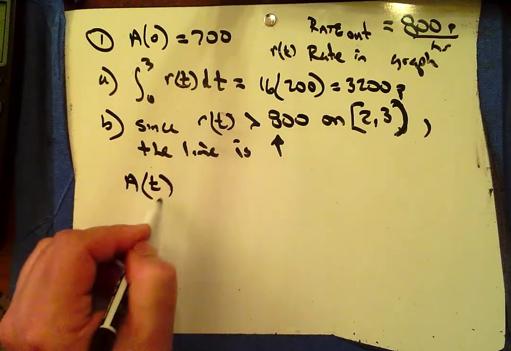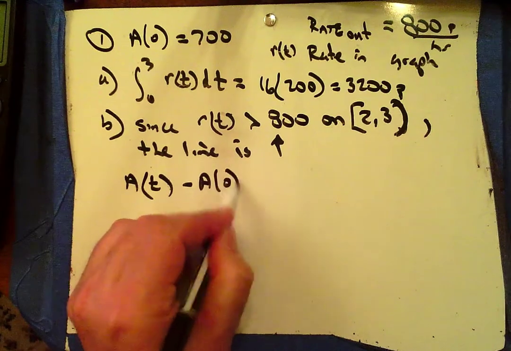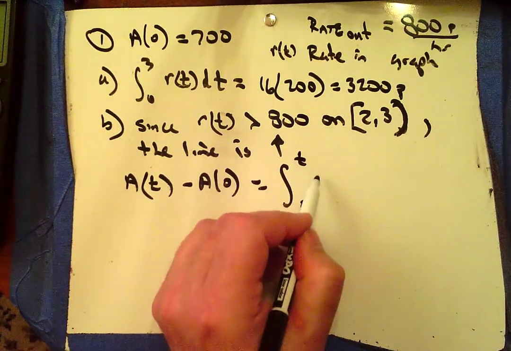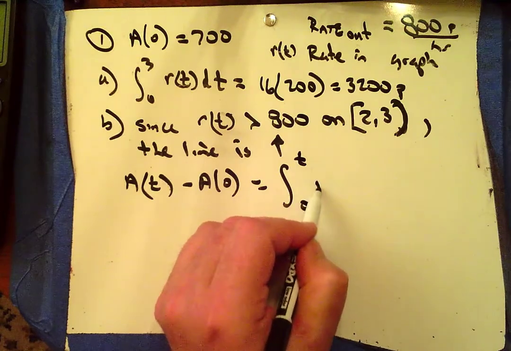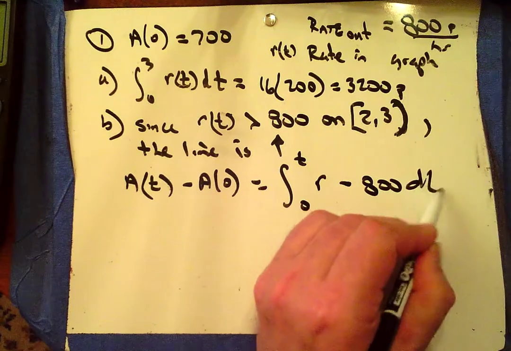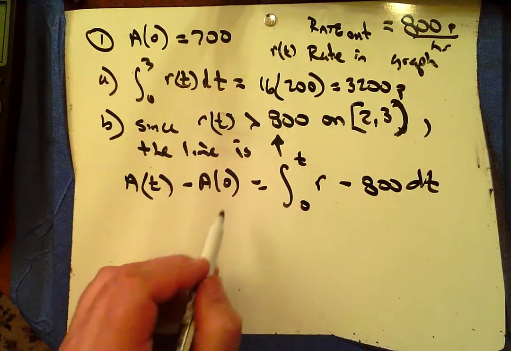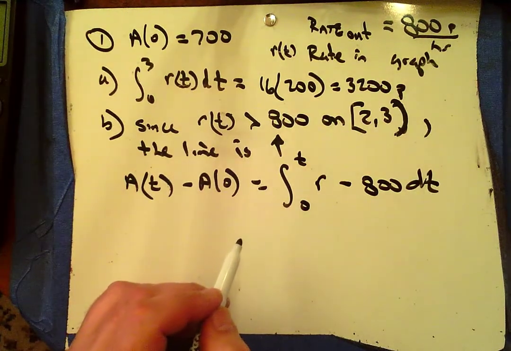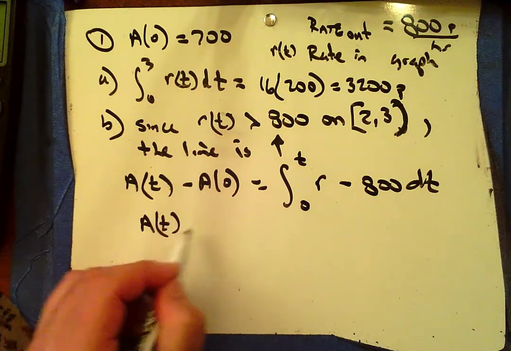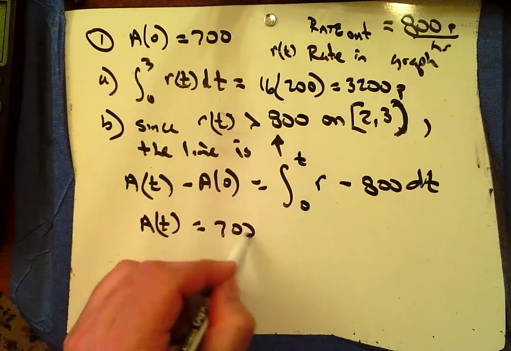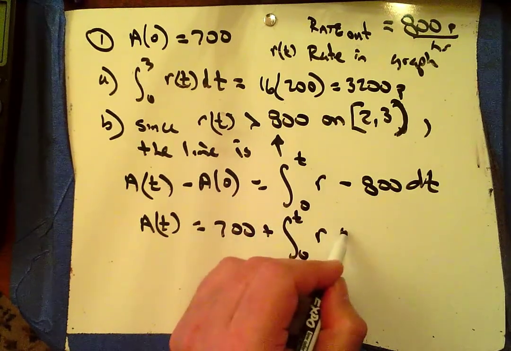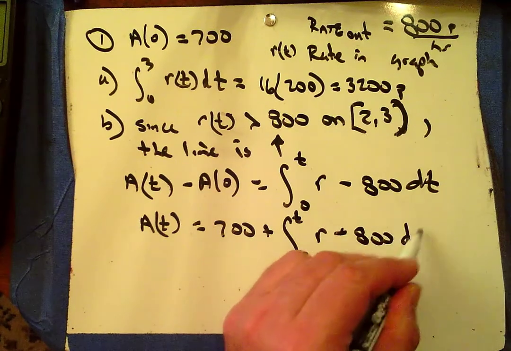You can say a of t minus a of 0 equals the integral from 0 to t of rate in minus rate out dt. And we can say that a of t, therefore, is 700 plus the integral from 0 to t of r minus 800 dt.